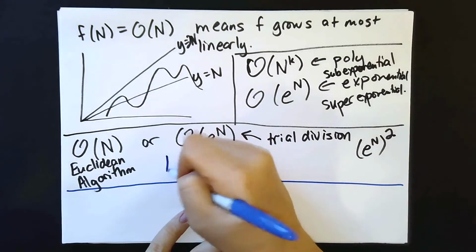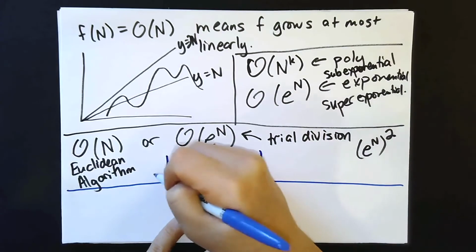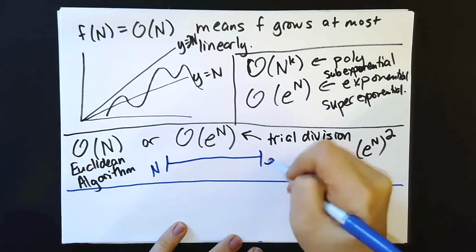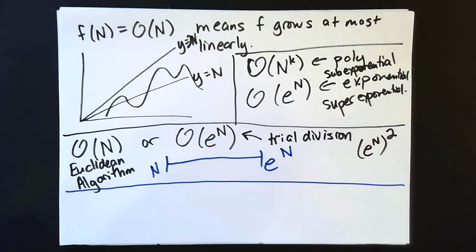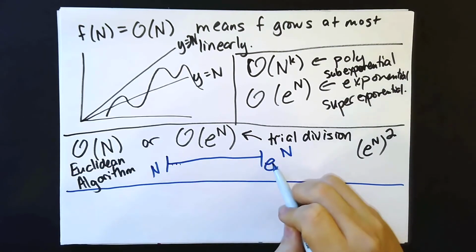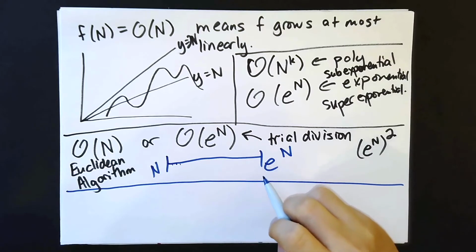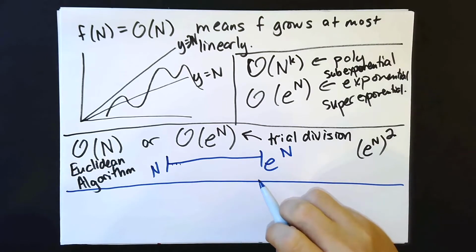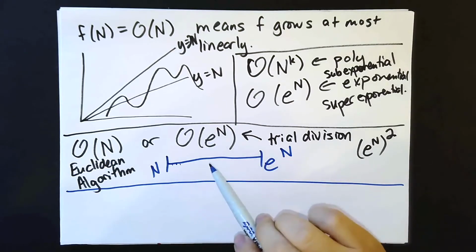And so you might imagine that there's this sort of number line where on one side of the number line is O of n, and on the other side is e to the n, and anything we put over towards this side of the number line, we're super happy with. And then the more we creep up towards the e to the n side, the faster we become unable to handle the question at all.